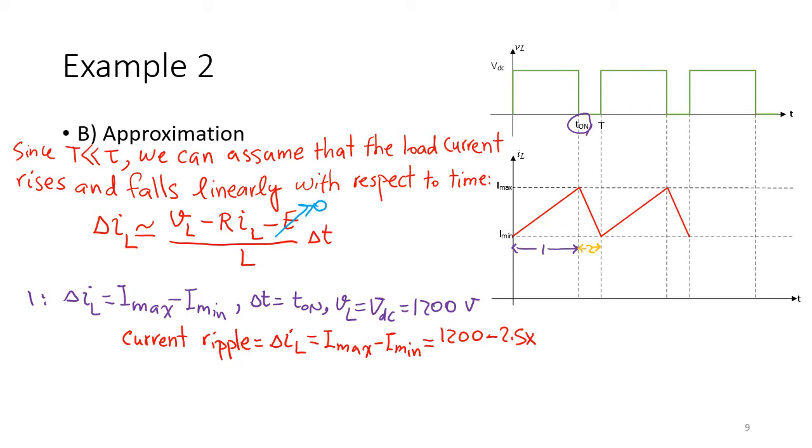For IL, we said we can approximate IL with IL average. We discussed this in the last session and emphasized it. So for IL, we use the IL average, which is 400 ampere, over L, which is 0.5 Henry, and T on is 6.95 millisecond, but bring it back to seconds, and it gives you 2.78 ampere.